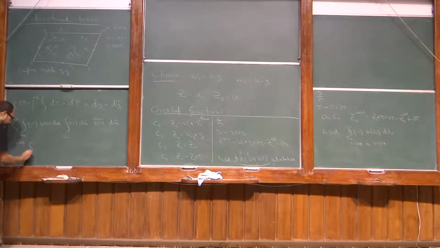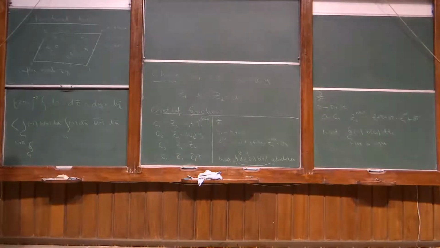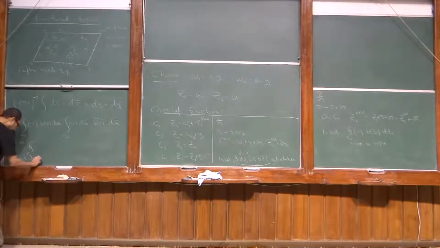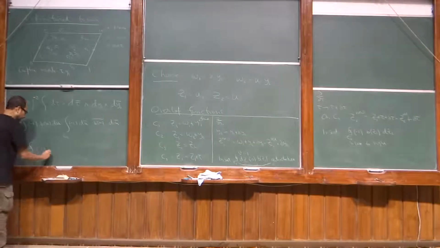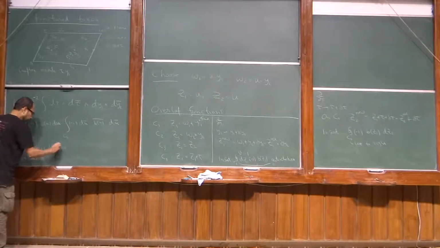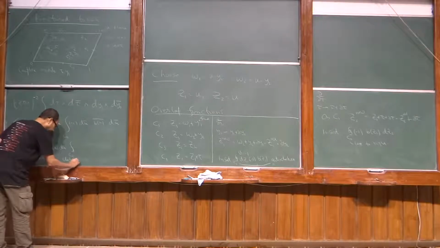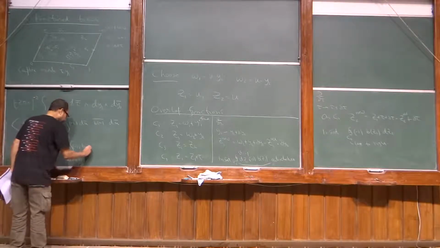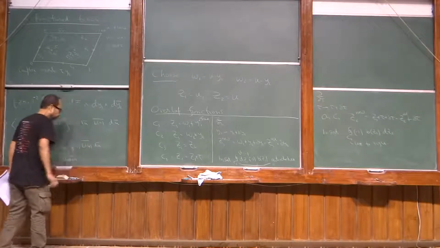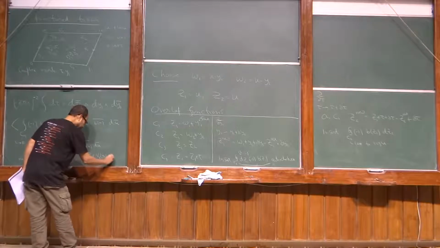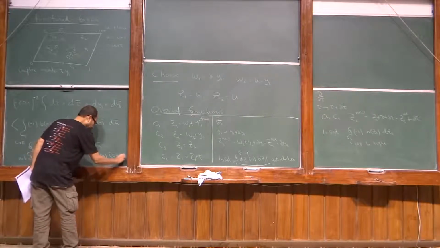Then integral over C2 anticlockwise, minus 1 du, integral over C2 clockwise, minus 1 du bar, and then we have c bar c V1 at y1, c bar c V2 at y1.